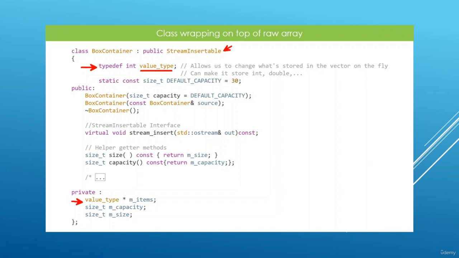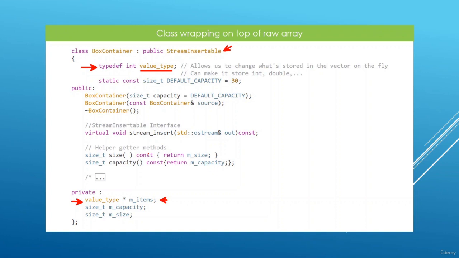This is going to be storing the type that is being wrapped by our container here. And we are going to be using a dynamic array. You see, this is a pointer, and we can dynamically allocate memory from the heap to store an array of these elements. And we are going to set up a bunch of member functions to wrap around this array and do all kinds of crazy things. So this is the setup we are going to do.